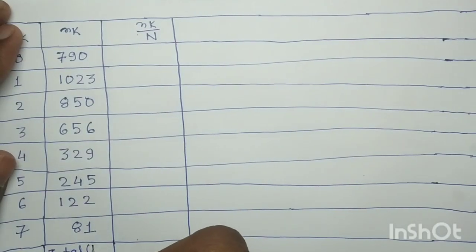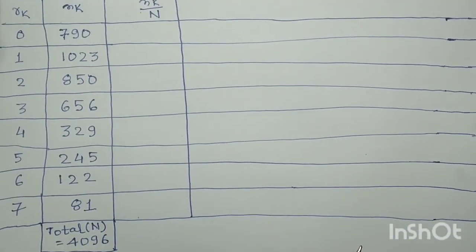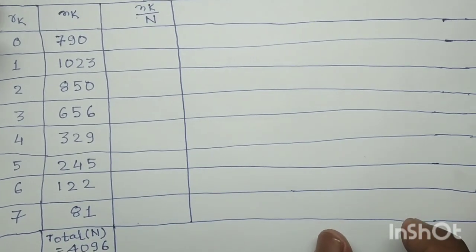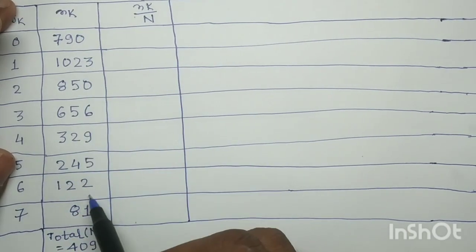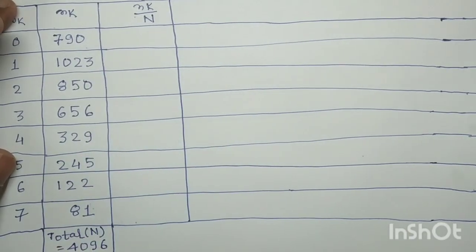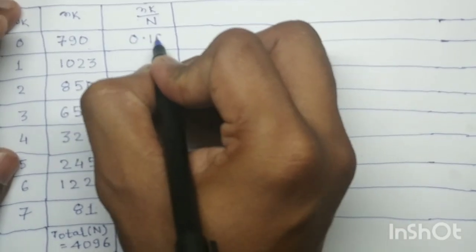It is the total number of pixels, that is 4096. So we have to normalize all these values. First, 790 divided by 4096, numerically it is 0.1928. So in round figure up to 2 decimal places it is equal to 0.19.